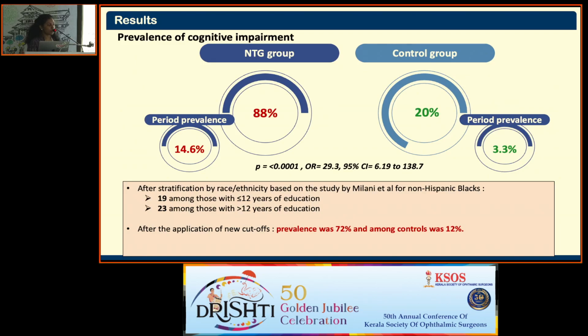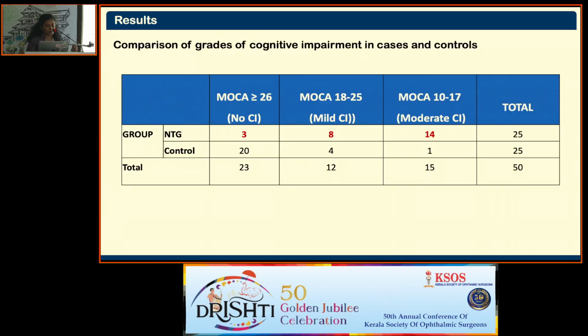The prevalence of cognitive impairment was 88% in normal tension glaucoma and 20% in the control group. Even after stratification for race and ethnicity based on the other study, the prevalence was still 72% in normal tension glaucoma and 12% in the control group.